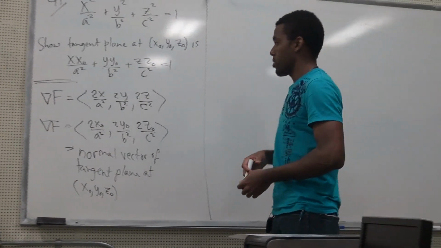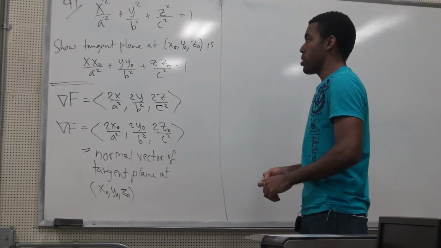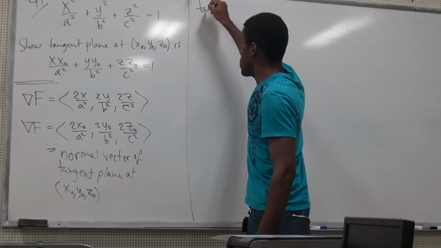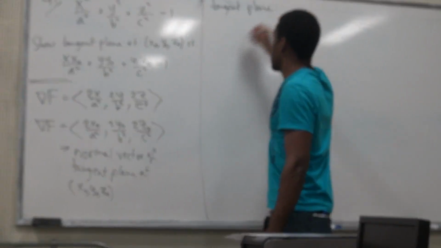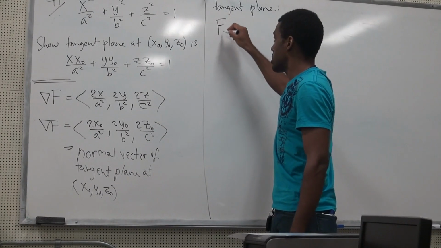Then use the form of the plane. Now you just use the form for the plane. So you know that tangent plane. You have the form. Now you know how you get the normal.